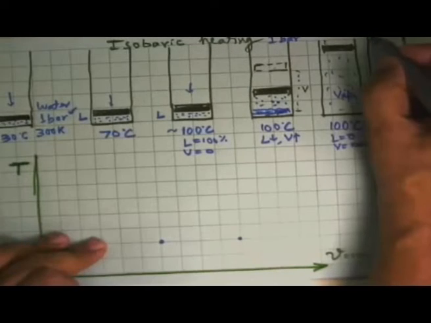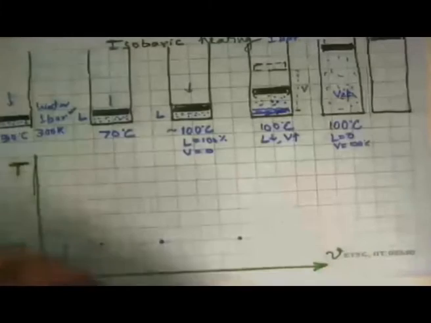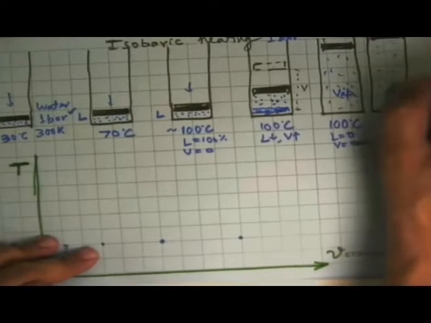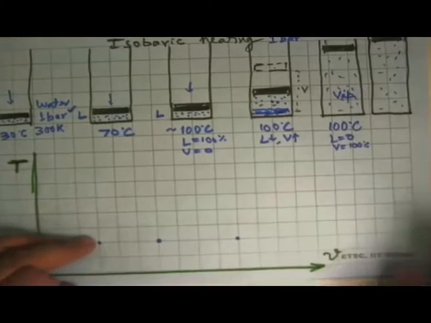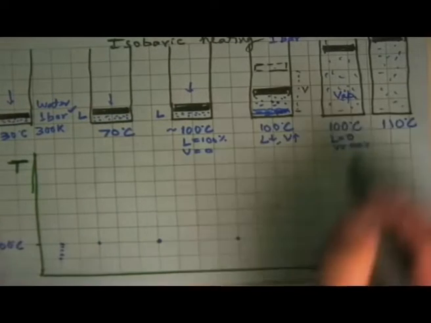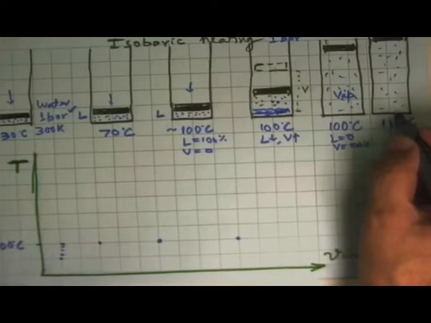We further heat it, the piston goes up, the vapor occupies all this, but now temperature has become say 110 degrees Celsius. So now from this point to this point, adding of heat started increasing the temperature of the system.